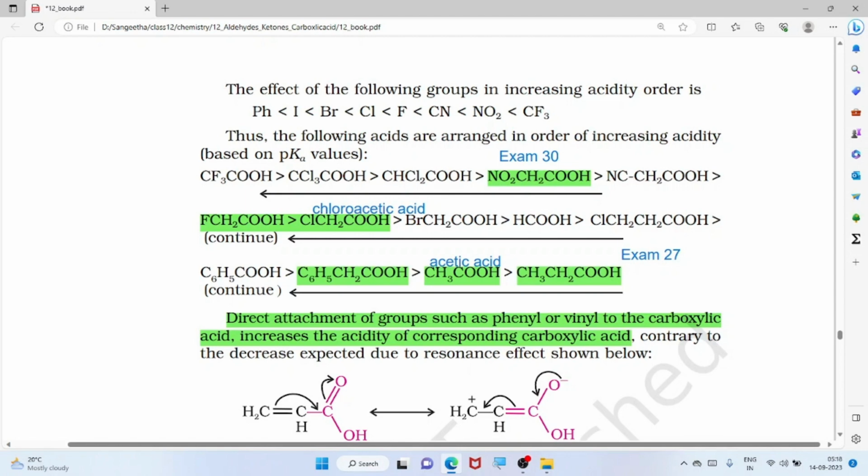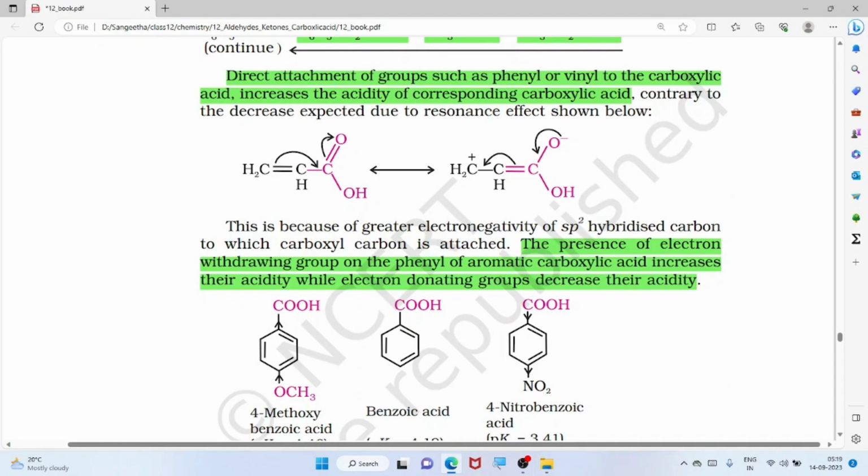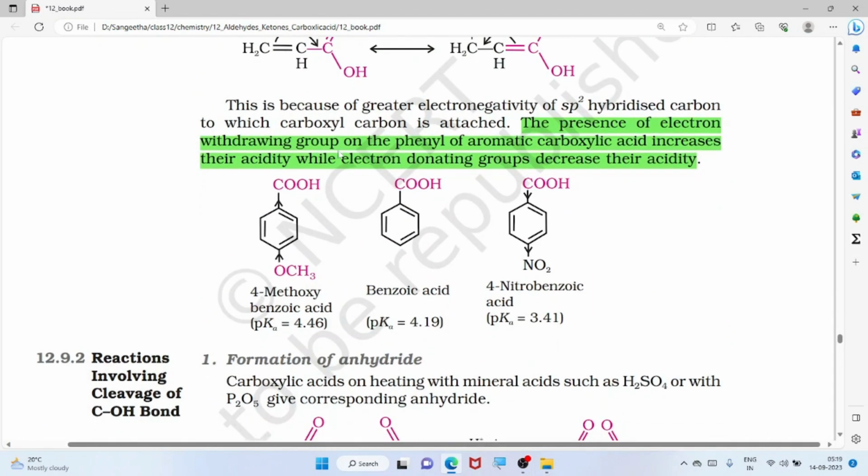More acidic means more stable. See this, this is more acidic than this. An electron withdrawing group on the aromatic ring increases the acidity.